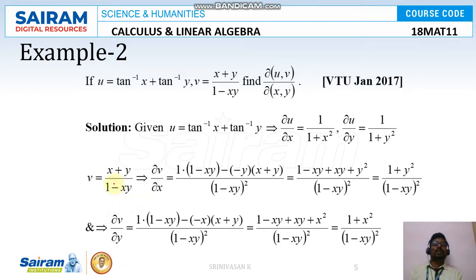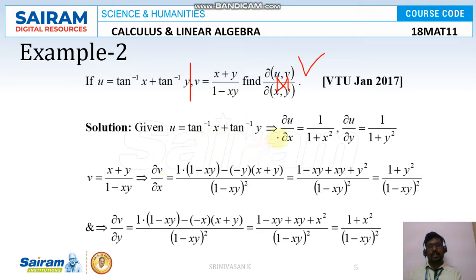If u equal to tan inverse of x plus tan inverse of y, and v equal to x plus y divided by 1 minus xy, find dou of u comma v divided by dou of x comma y, which means the Jacobian form. Our aim is to find dou u by dou x, dou u by dou y, and dou v by dou x, dou v by dou y.